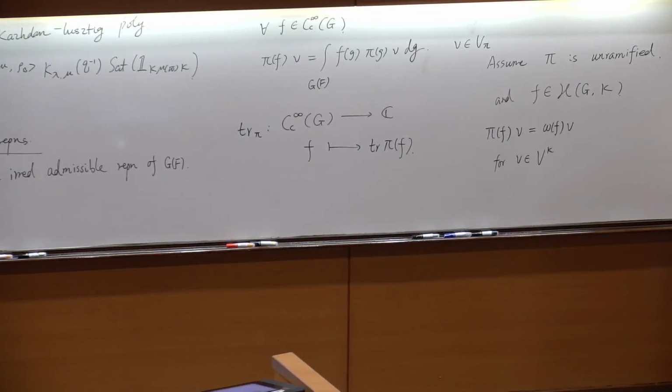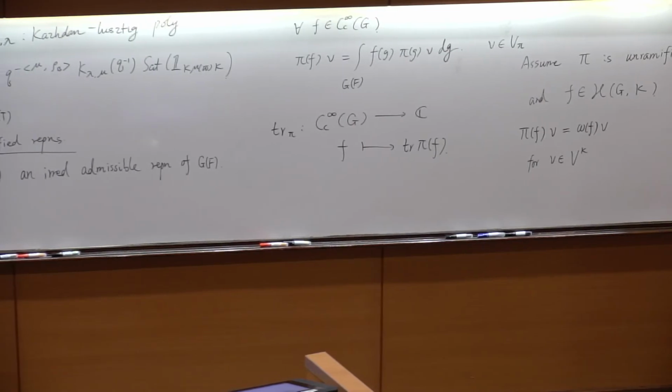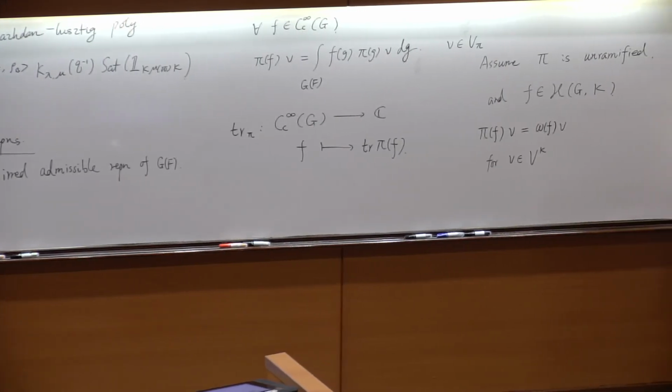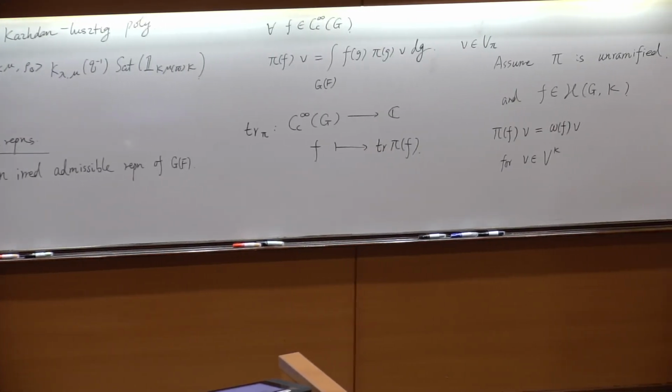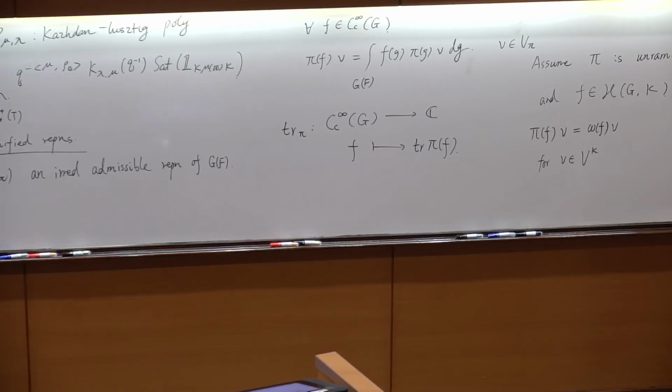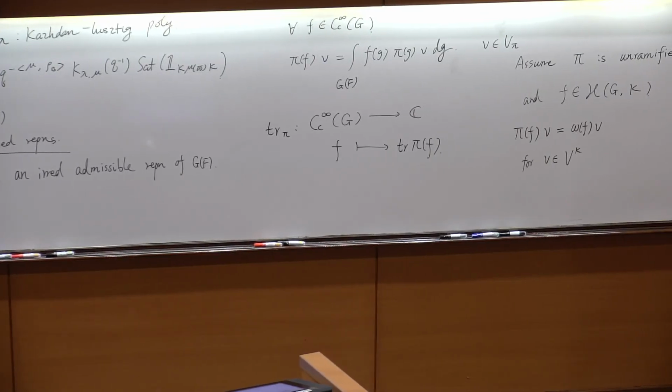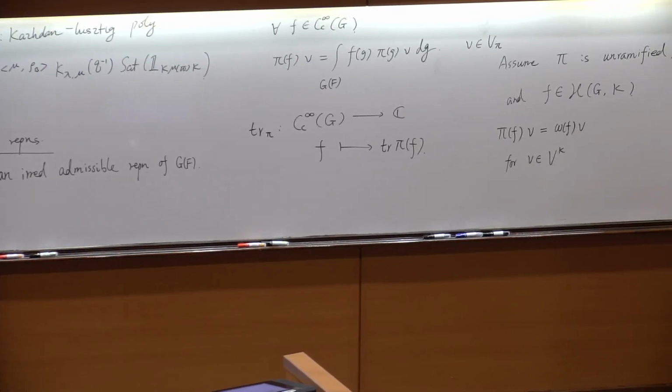And theta is the unramified character on the torus. So we have an induced representation, and pi is its unramified constituent. Also this theta is going to give us the Satake parameters, which is the L-parameter, the image of the Frobenius element.